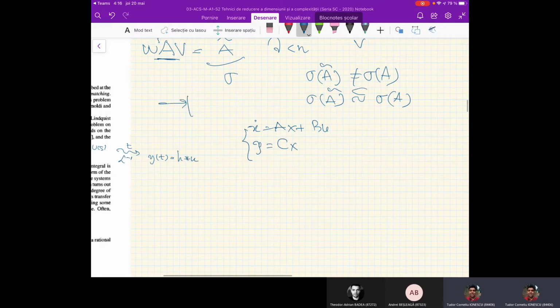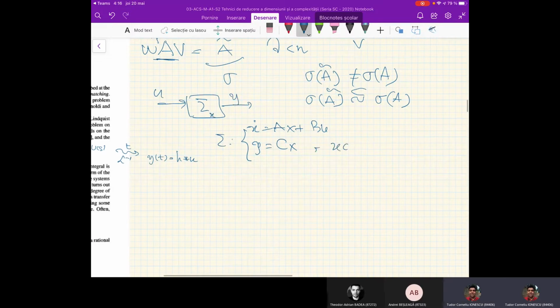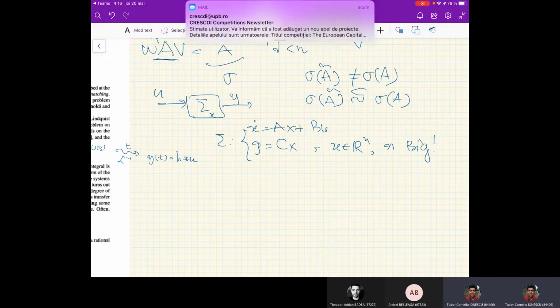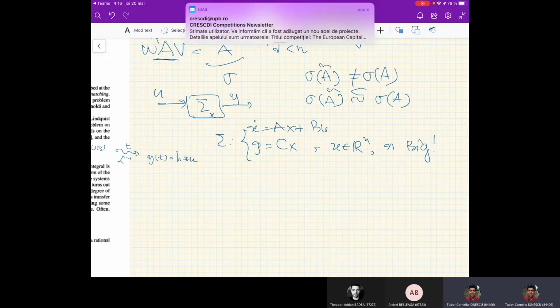Let's call this system sigma, with input u, state x, and output y, usually with x in R^n and n very large, from big data. That means the A, B, C matrices are huge matrices.